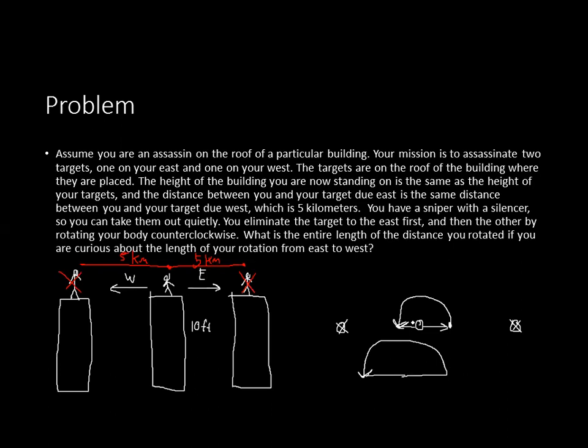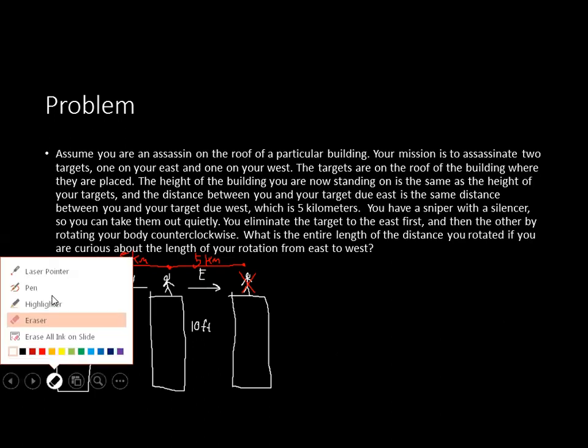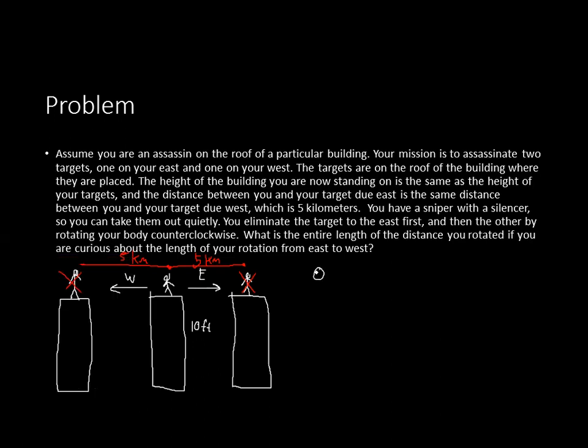And because of that, we form an angle of 180 degrees. With that in mind, we can say that the central angle is 180 degrees. All right? Because you start on the east, then you rotate, then you go west.